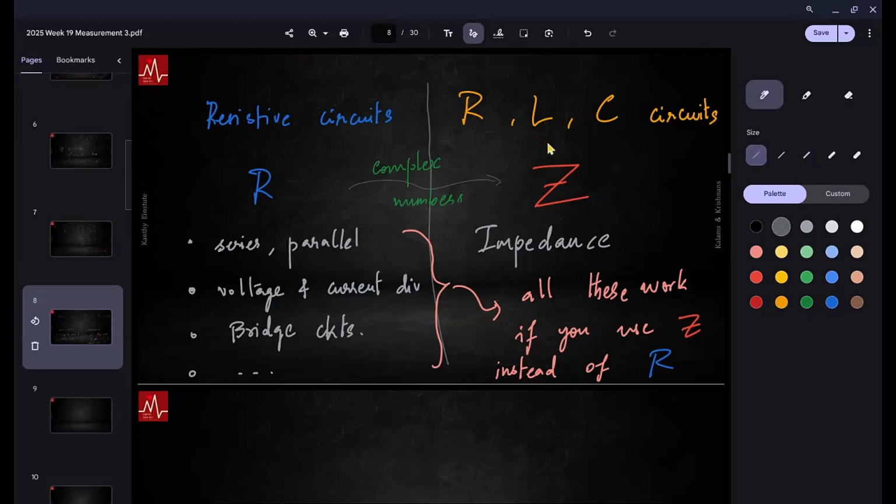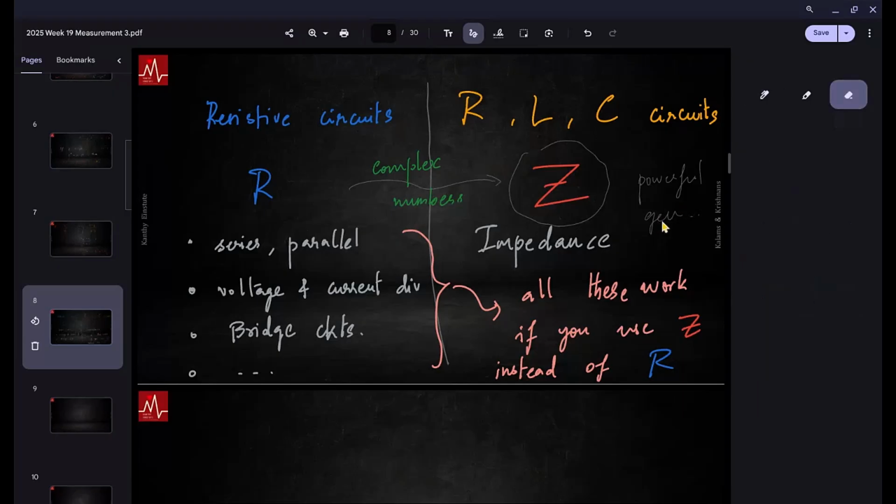So this is a very powerful generalization, a full tool. It involves some complex numbers. We'll look at one or two examples and then you get started on that today.